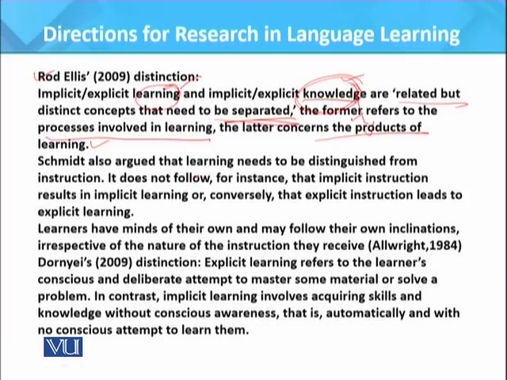Schmidt also argued that learning needs to be distinguished from instruction. It does not follow, for instance, that implicit instruction results in implicit learning, or conversely, that explicit instruction leads to explicit learning. So there is some ambiguity over whether implicit instruction leads to implicit learning, and whether explicit instruction, when you are giving rule-specific guidelines, leads to explicit learning.